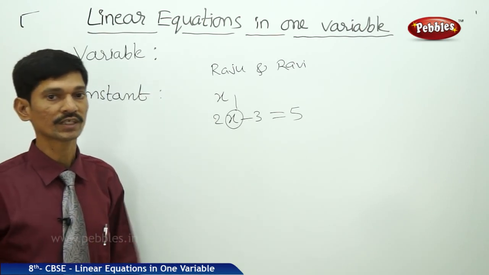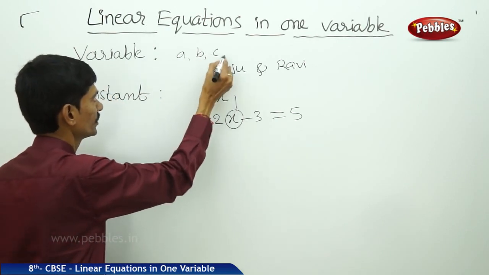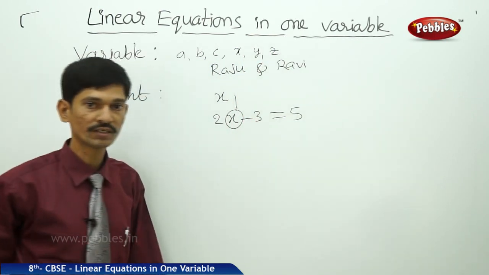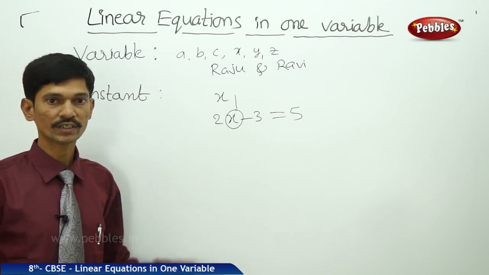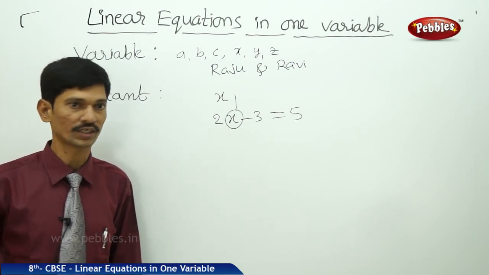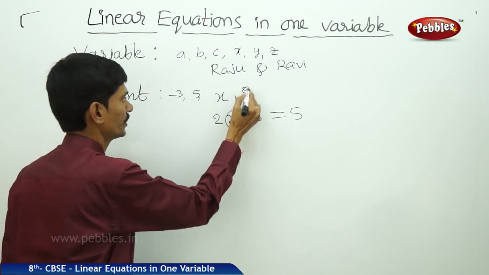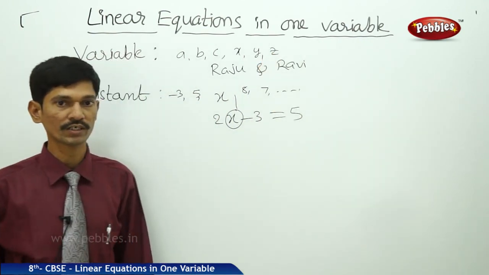Generally we use lowercase letters like a, b, c, x, y, z to represent variables. And a constant is any number, like minus 3, 5, 8, 7, any number.